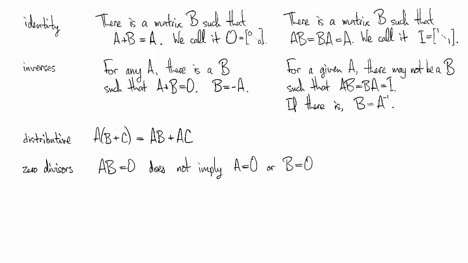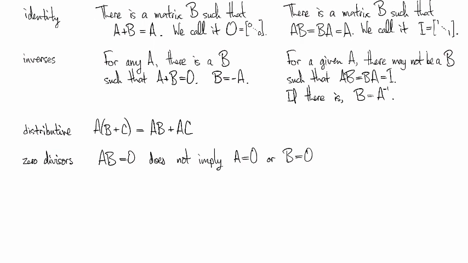So let's see an example of that. For an example of zero divisors, let's take A to be the matrix 2, 2, minus 1, minus 1, and B to be the matrix 1, minus 1, 2, minus 2.